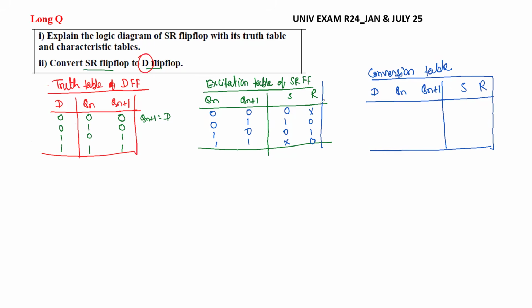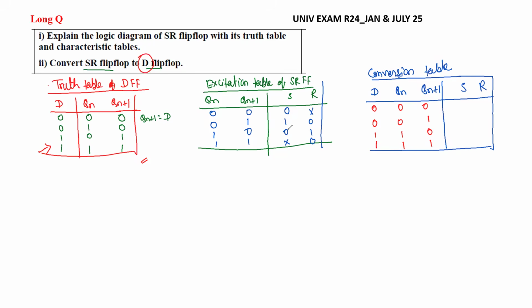The truth table of D we write as it is, with 0, 0, 1, 1 and the combination 0, 0, 0, 1, 1, 0, 1, 1.